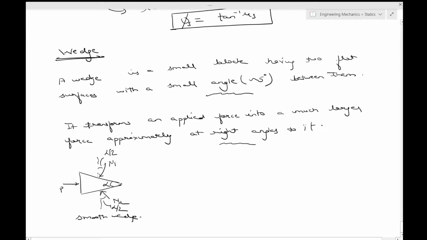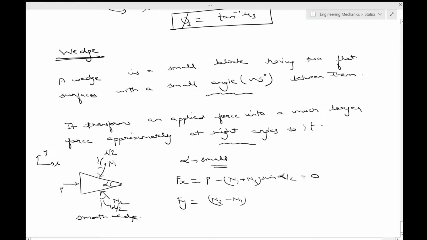And if you want to write the equilibrium equations, remember the angle alpha is small, okay? So the sines and the cosines will really be simple in this case. So Fx in this case, we know the x-axis and y-axis. So Fx would be equal to P minus (N1 plus N2) sine alpha by 2. This is equal to 0. Okay. Fy is equal to N2 minus N1 cos alpha by 2 is equal to 0.